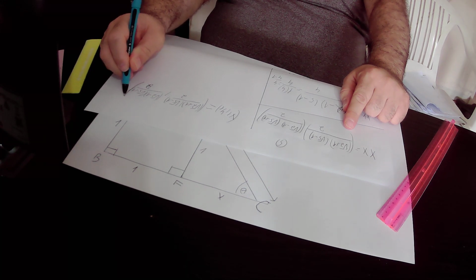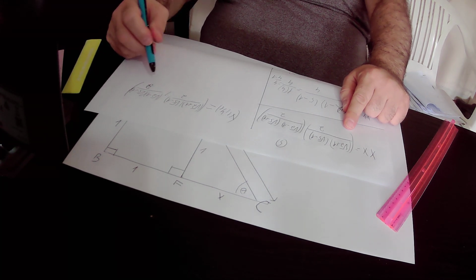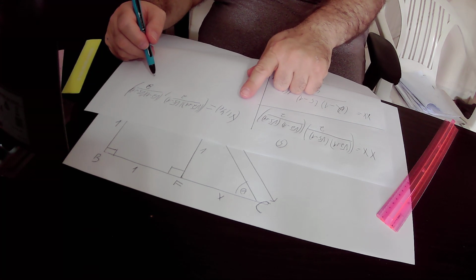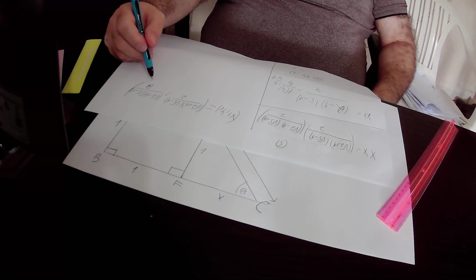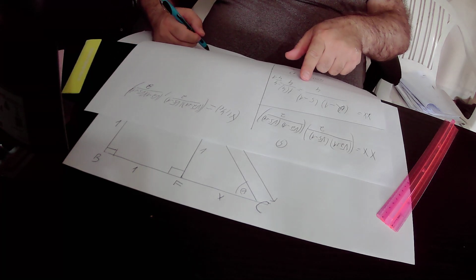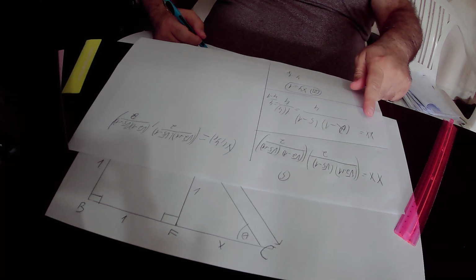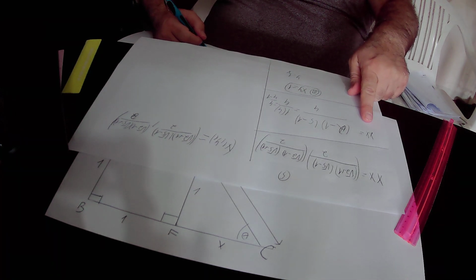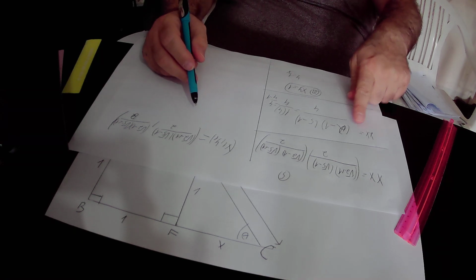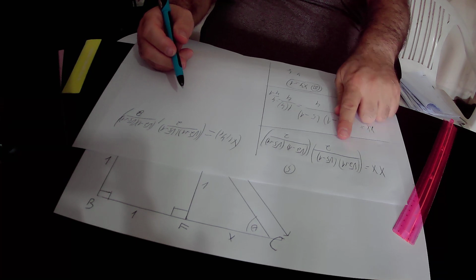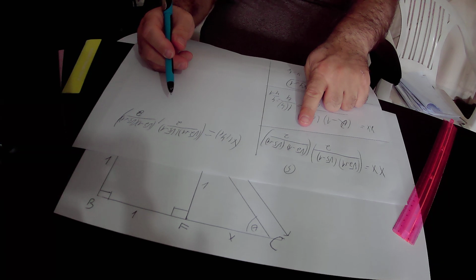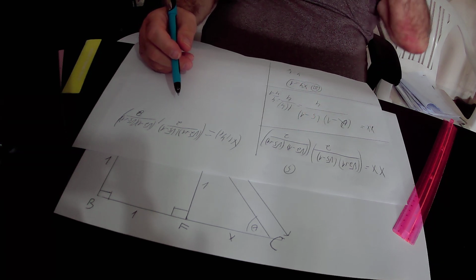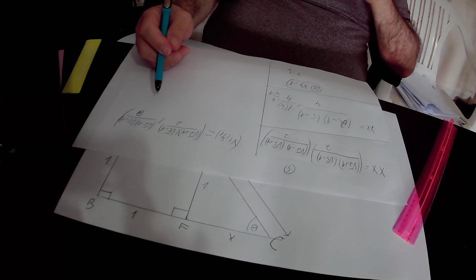Because if we multiply x1 by y1, we will get 1, exactly as we found out here that x1 times x2 equals 1. So if x1 equals this expression, then y1 must be equal to this expression, in order that the multiplication of x1 by y1 gives us 1.